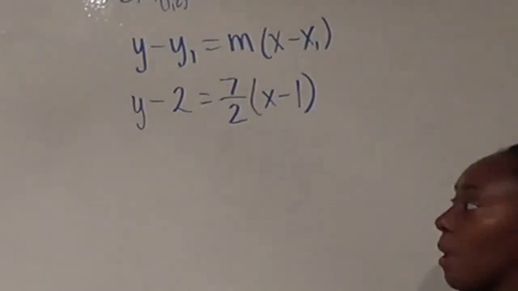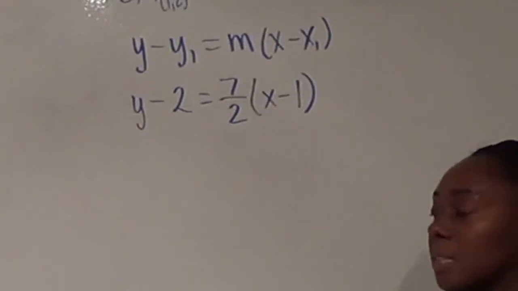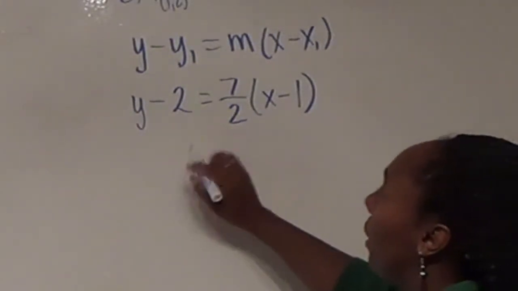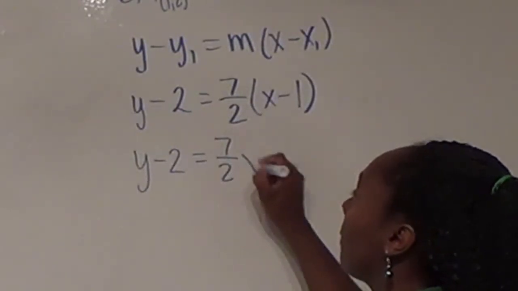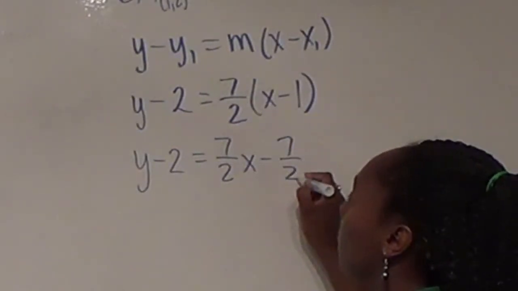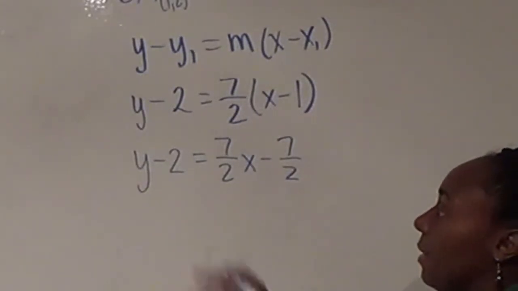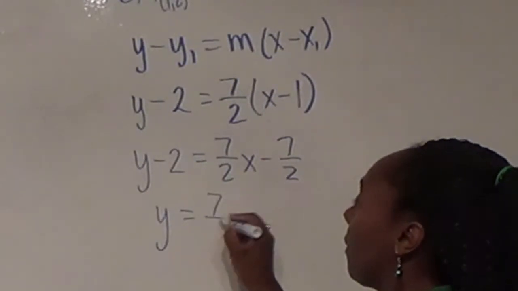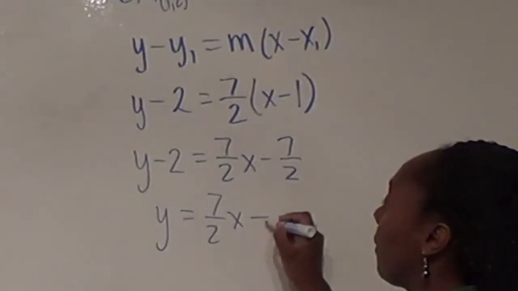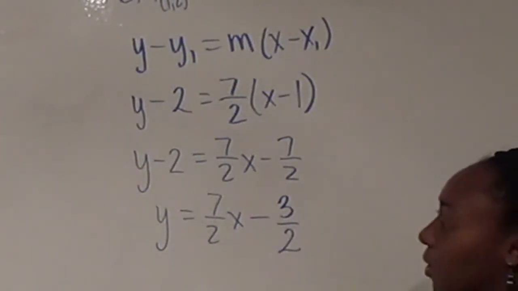Okay. For equations, always put them in the slope-intercept form unless otherwise stated. So here we're going to go ahead and simplify this. So just distributing on the right-hand side. Now we're going to go ahead and add the 2. And there is our equation of our tangent.